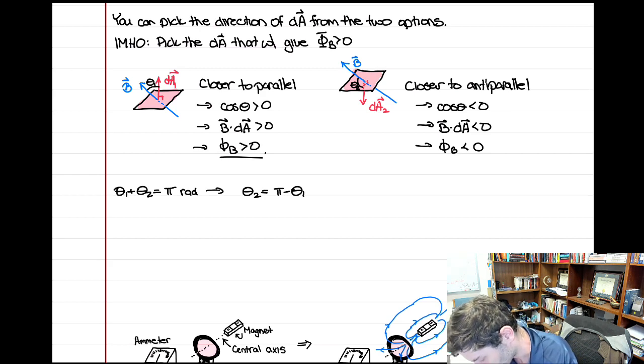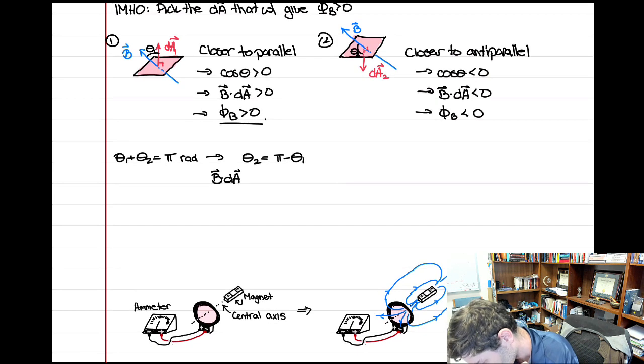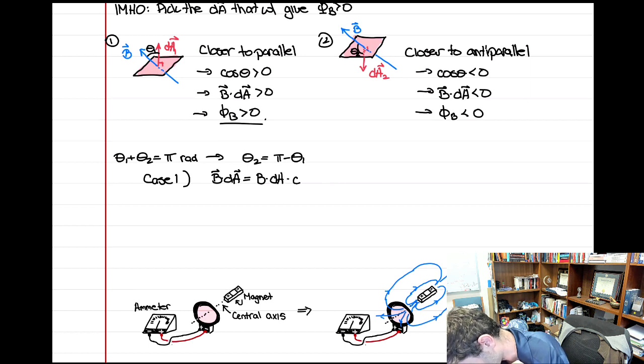And so when I evaluate the dot product, let's call this case 1, call this case 2. So for case 1, the dot product is equal to the magnitude of B, the magnitude of dA, and then the cosine of the angle between them, which we said was theta 1.